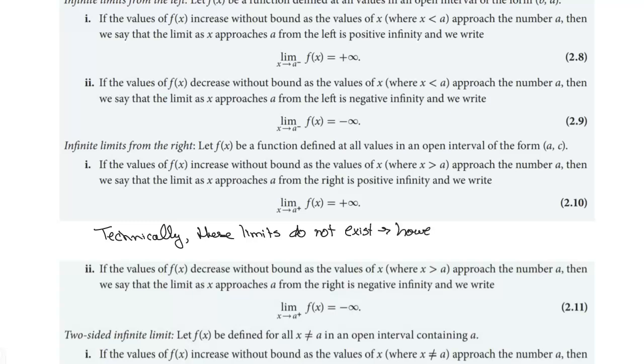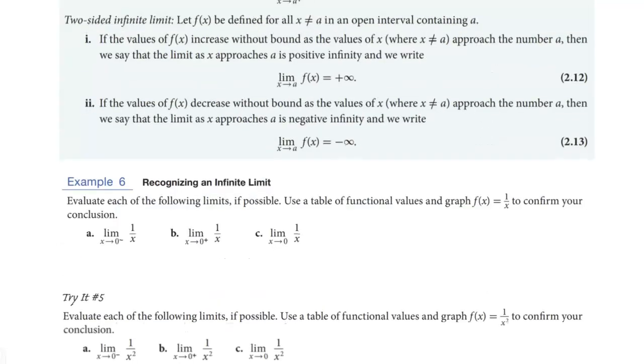However, they do not exist in a particular direction. So what we can do is notate the direction there.